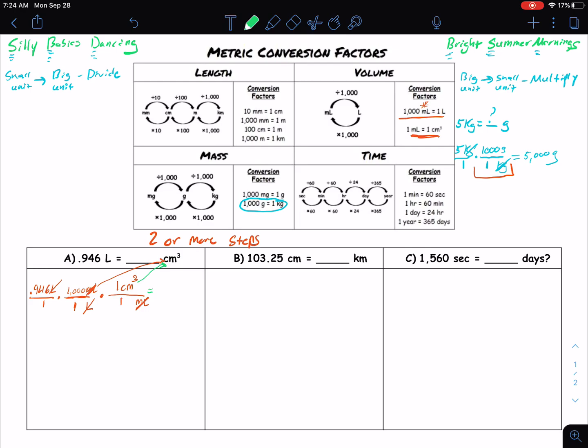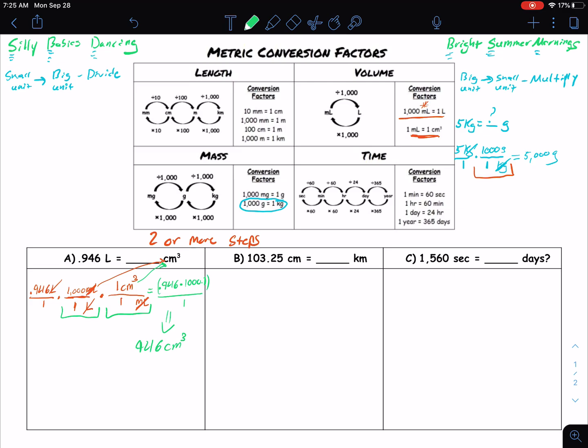You're going to multiply everything in the numerator, so we get 0.946 times 1,000 times 1, all over 1, which comes out to be 946 centimeters cubed. And this would be a two-step unit conversion because there are two conversion factors here.